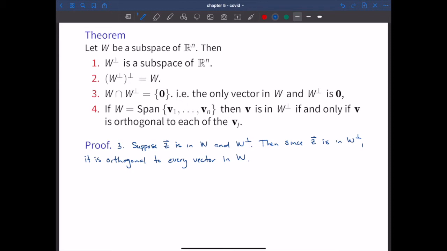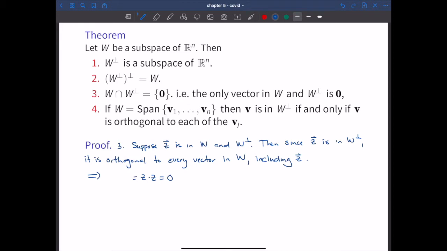But the vector Z lives inside of W as well. So Z is orthogonal to everything in W, including itself. So in other words, we know that Z dot Z is equal to 0.